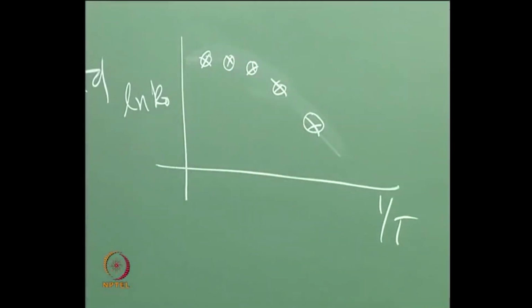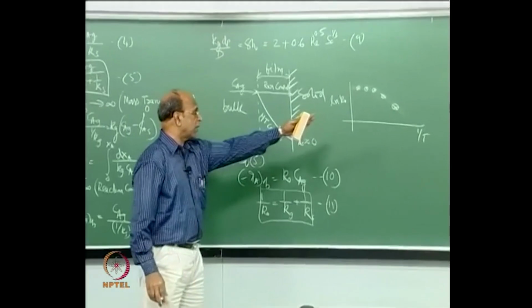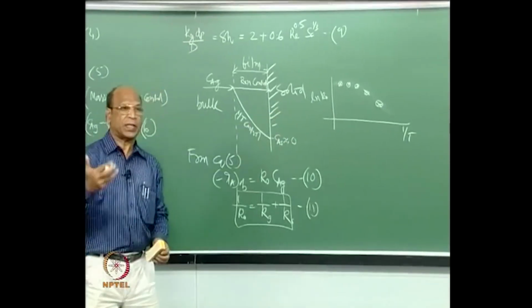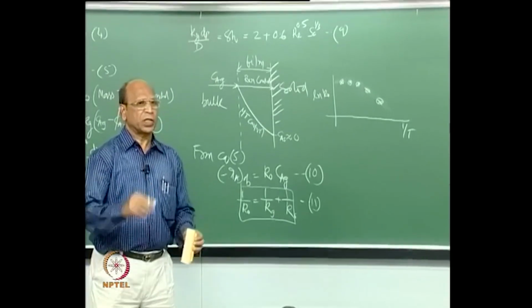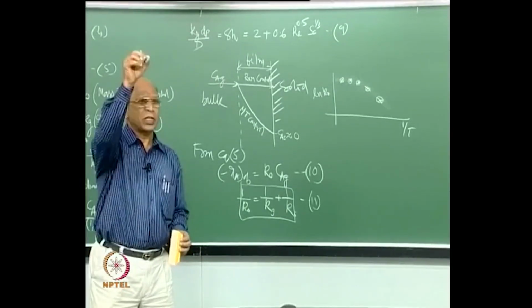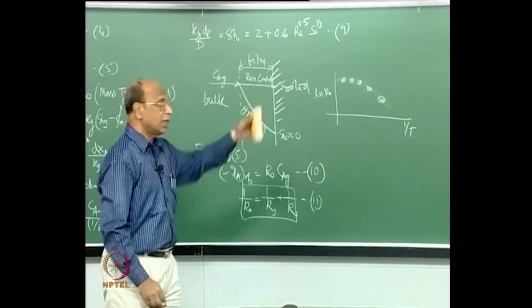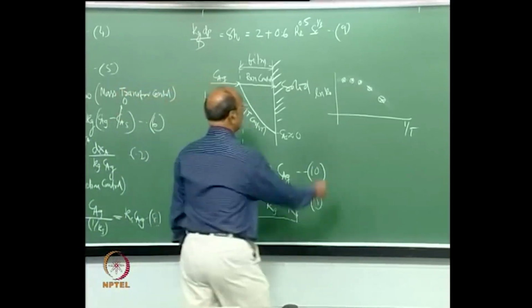Like this you may get the points, because I do not know anything about the presence of chemical and physical factors affecting the rate of reaction. Normally what we will try to do, we are all experts now, going to Excel and choosing that option linear, because you know it must be a straight line.